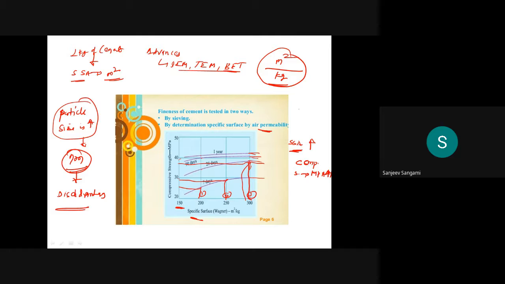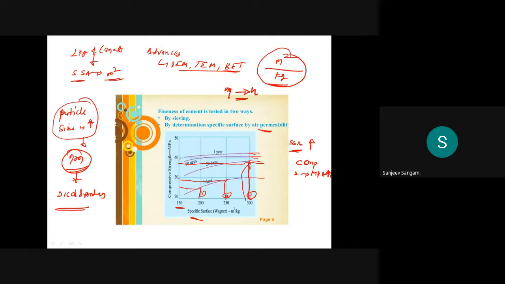How to increase the surface area? Particle size has to be decreased. In nanometers means what? It is decreasing. As it moves from micrometer to nanometer, particle size is decreasing. You have to keep in mind that as the number of particles increases, of course your surface area also increases, but only to some extent.